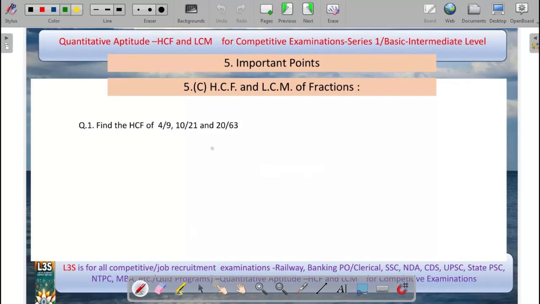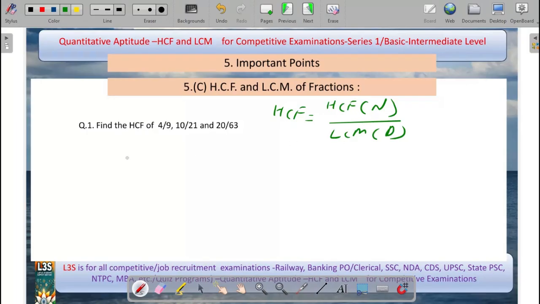We'll do one more: 4 by 9, 10 by 21 and 20 by 63. We have to find the HCF. So the HCF will be the HCF of numerators and the LCM of denominators.